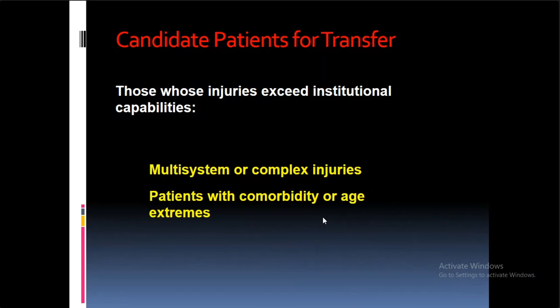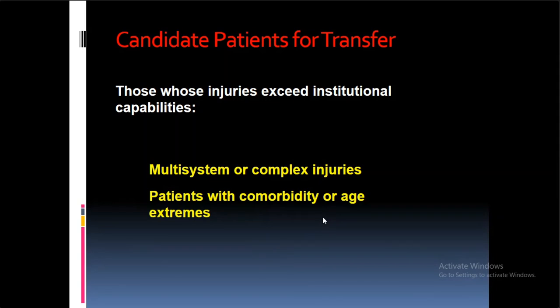After that, if I finish all the examination and my patient needs referral because I found a certain neurological deficit, urological problem or chest problem, I should send him to a specialized center if I have no team. For patients with injuries that exceed institutional capabilities, I can think of a transfer.